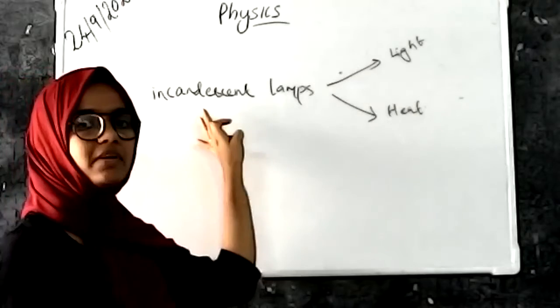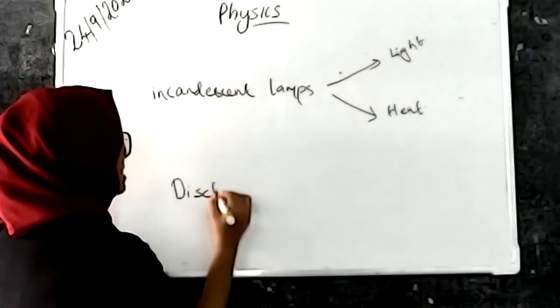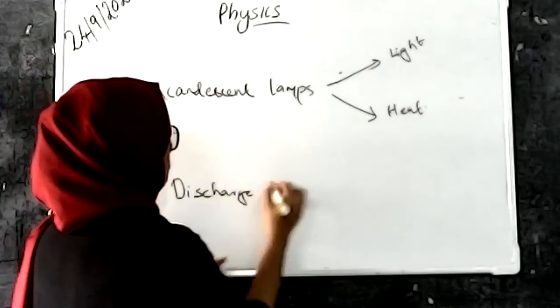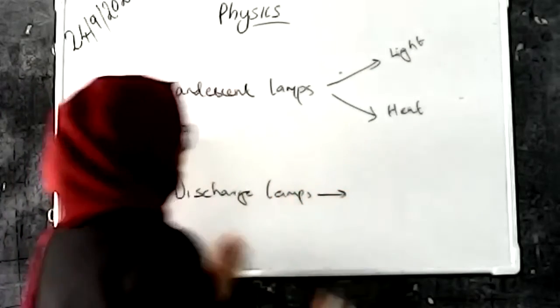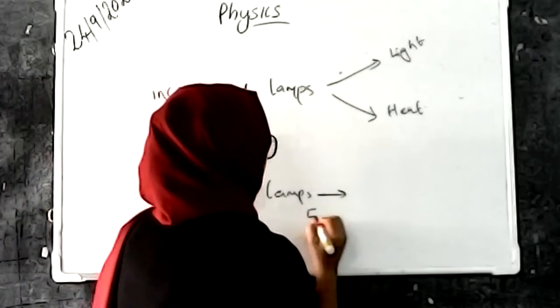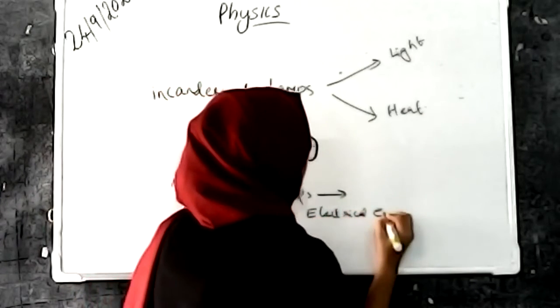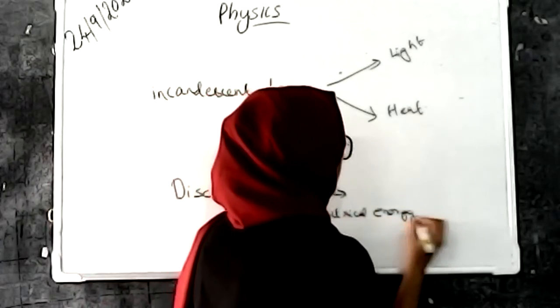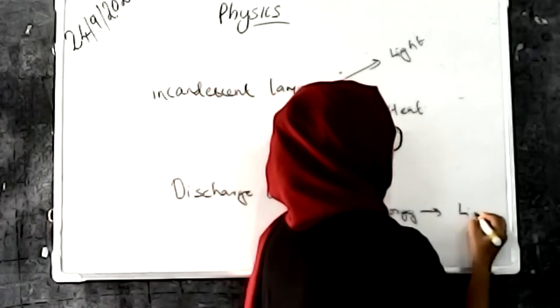And instead of the incandescent lamp, nowadays we are using the discharge lamp. In discharge lamps, the electrical energy is fully converted to light energy.